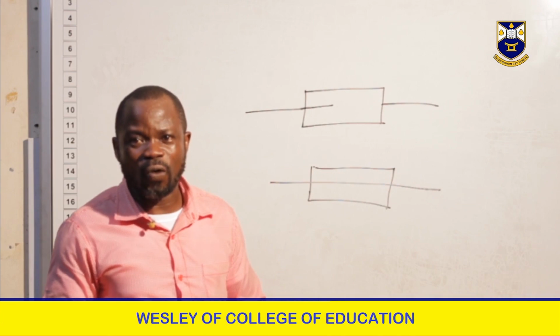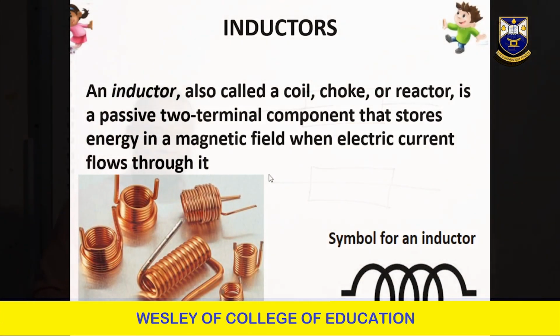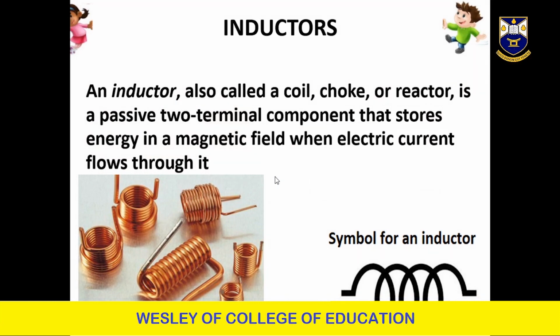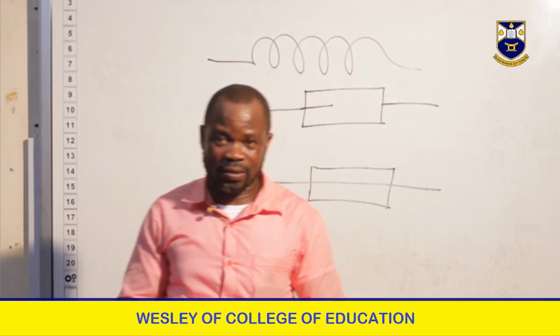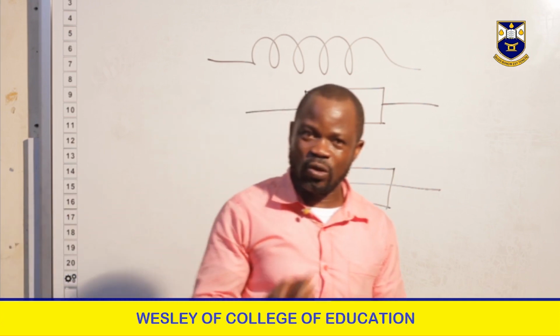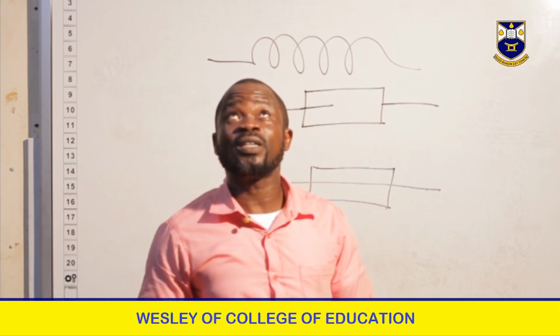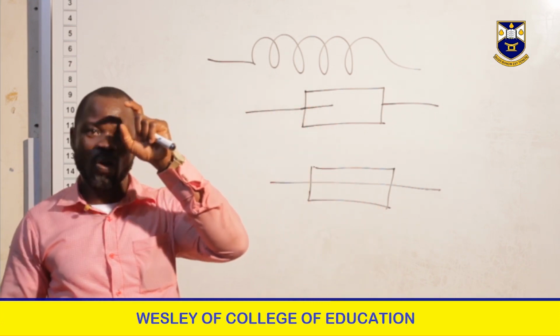The symbol for the inductor is what we see on our slide, and you should know how to draw it. The number of rings that you draw does not really matter, but it matters when you have to use it for something. For instance, a rotating fan has a coil inside.